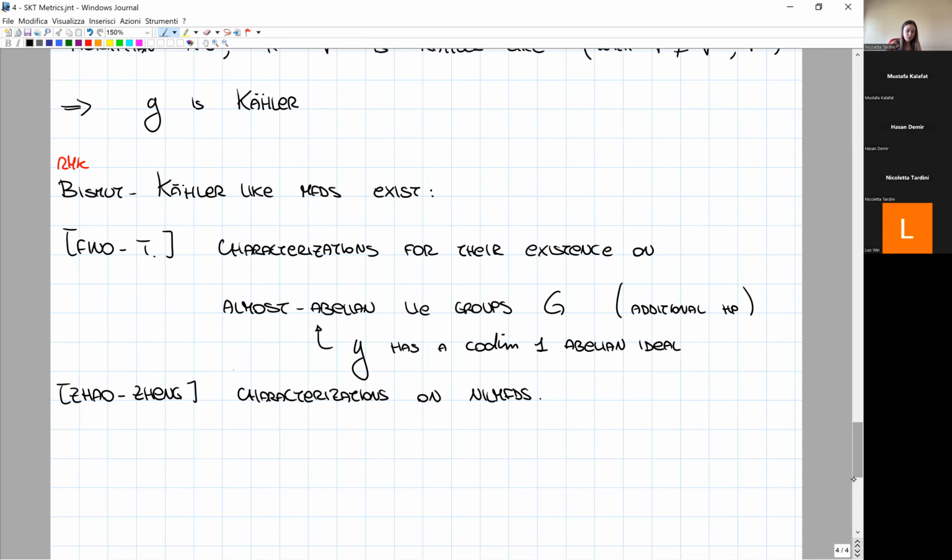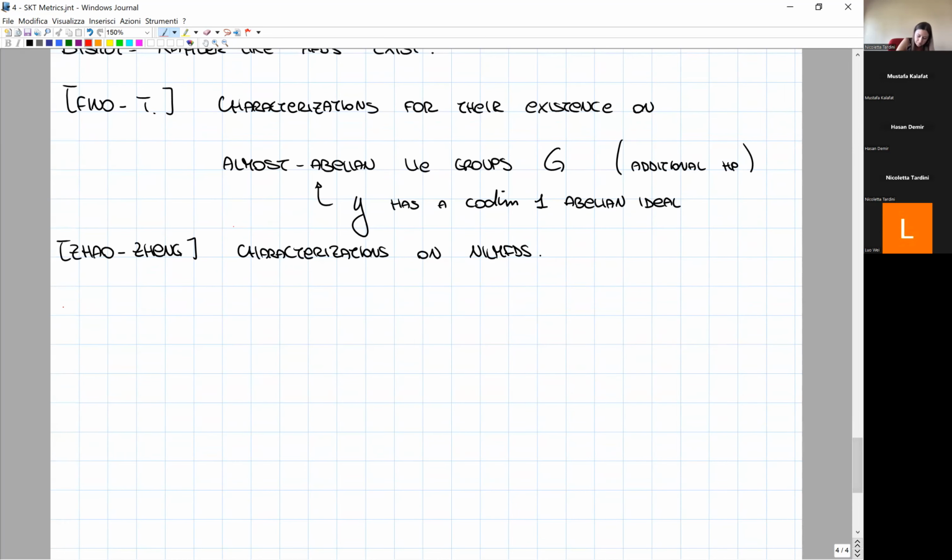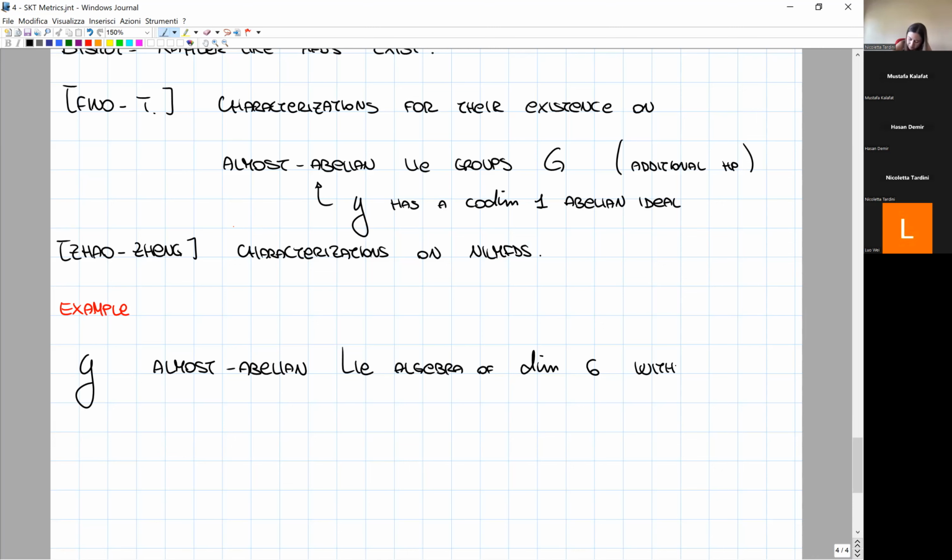Let me just give you an explicit example of a Bismut Kähler-like manifold. Let g be an almost abelian Lie algebra of dimension 6 with the following Lie brackets, the following structure equations.